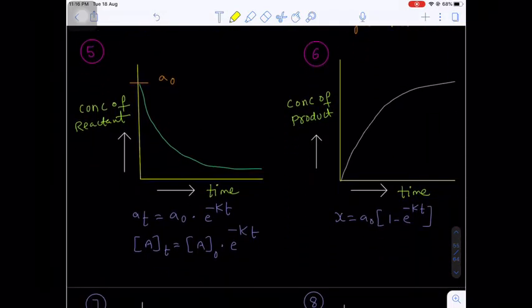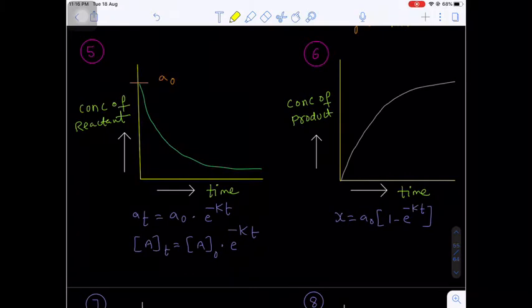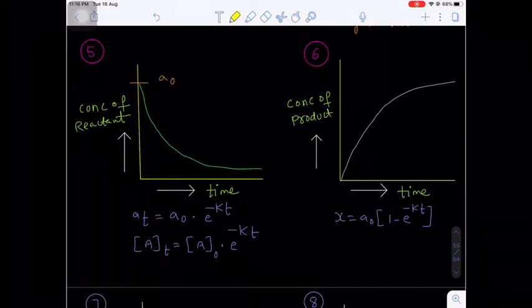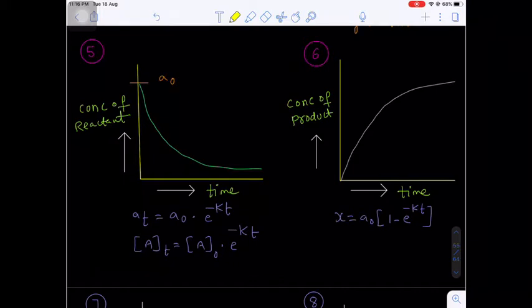Next, graphs number 5 and 6. Graph number 5: concentration of reactant versus time taken. Just now I told you, as the time starts, the concentration of reactant slowly decreases. The decrease will be in an exponential manner. The initial concentration of reactants will be A0, and slowly it decreases in an exponential manner. Now what about the concentration of the products?